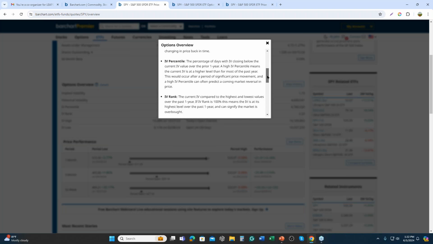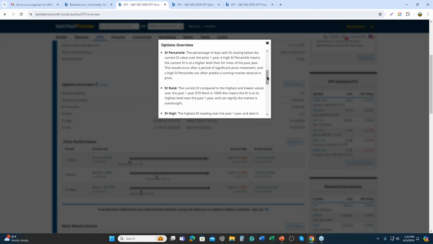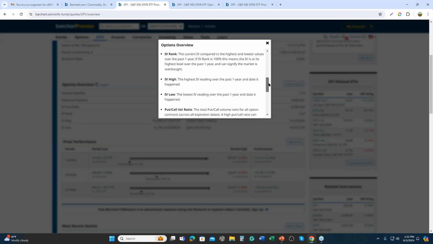We have our implied volatility percentiles and ranks, and these are based on the prior year. These are where our current implied volatilities rank over the last year. But we do have our high and low: what is the highest IV reading and what is the lowest?